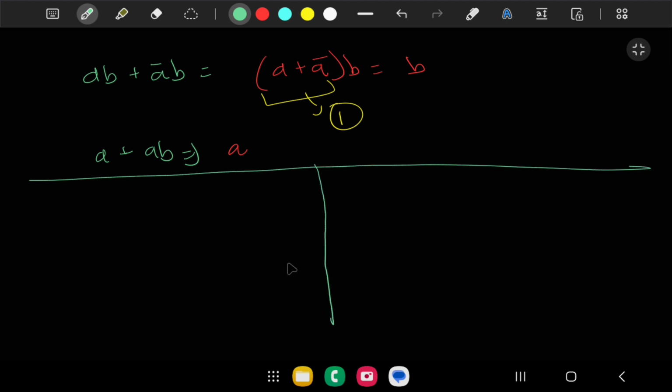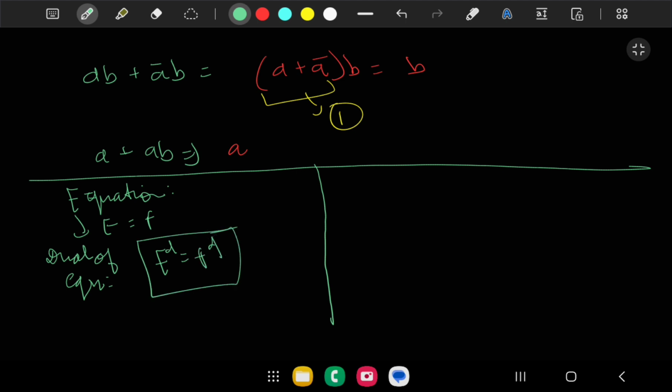Equations will come in pairs. So if you have an equation like this, e equals f, then what is the dual? That will be very simple. It will be e dual equals f dual.